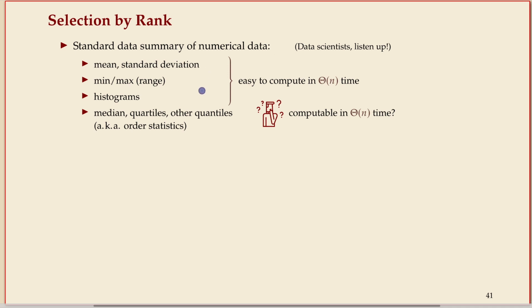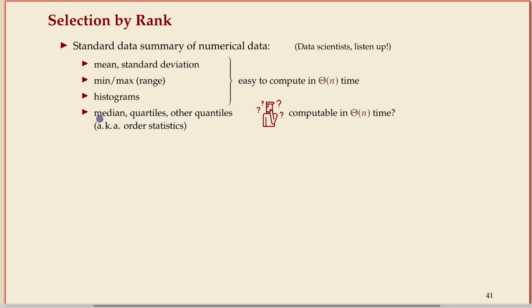There are a few standard things that, for example, tools like Pandas, this Python framework that maybe some of you have used for data science tasks, offer. It has a standard method describe that gives you some of these functions. And it's standard practice, if you have a large data set of numbers, to just look at these summary statistics first. I'm sure you know what mean and standard deviation are, and min and max.